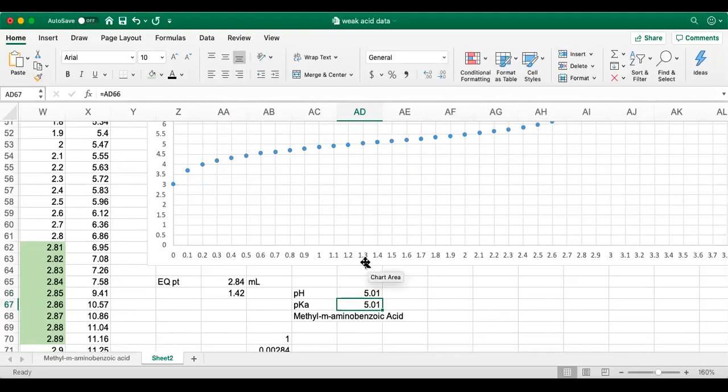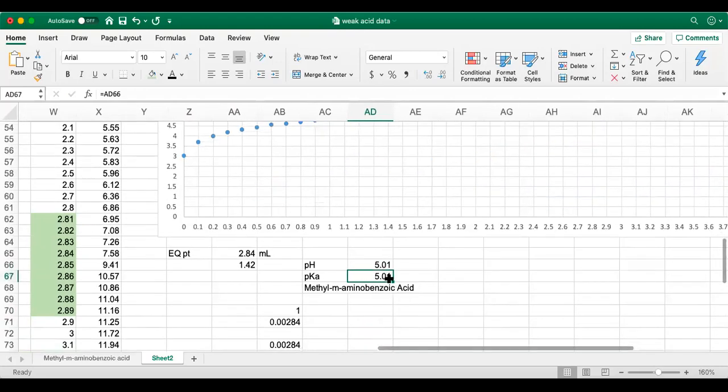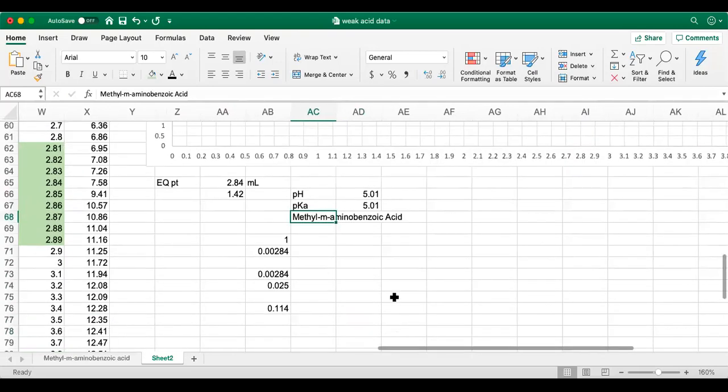So my pH at 1.42 is, you could estimate it at 5, or you could go back to the simulator and actually type in and deliver 1.42 milliliters to the unknown and see what the pH is, which then gives you the pKa and subsequently the identity of the unknown.